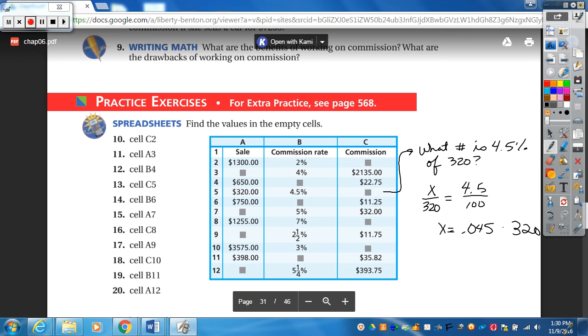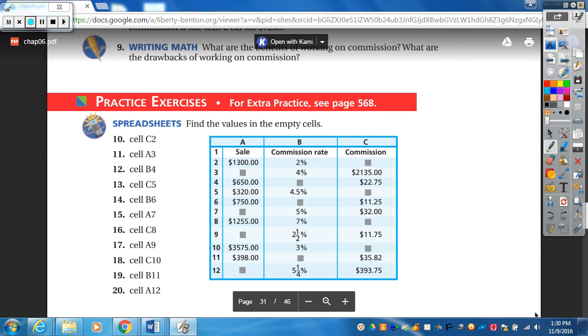For number 14, let's see here, we got B6. So this one right here. And basically we're asking what percent is $11.25 of 750.